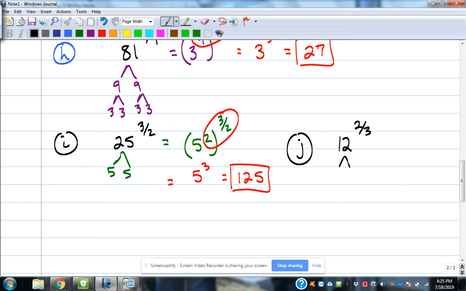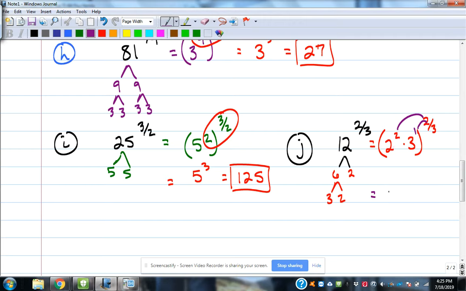So I've got a 12 is 6 times 2, and then 6 is 3 times 2. So it's really 2 squared and 3 to the 1st power raised to the 2/3. Well, if I'm going to simplify that a little bit, the rule is that I multiply this 2/3 times both of those.